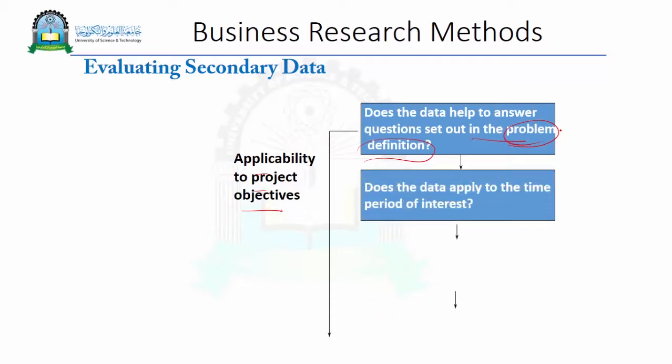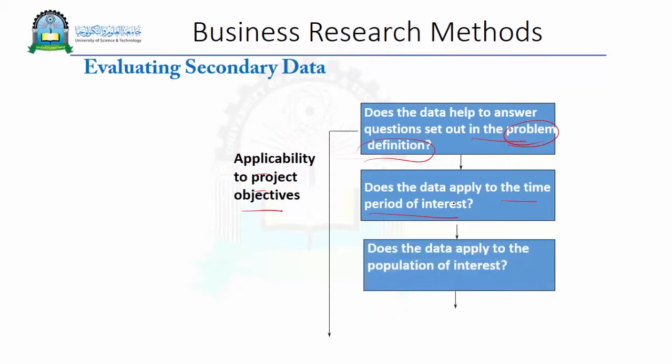The second question is, does the data apply to the time period of interest or not? This is very, very important. The time period, whether it is equivalent or suitable to the time of the current research or not.